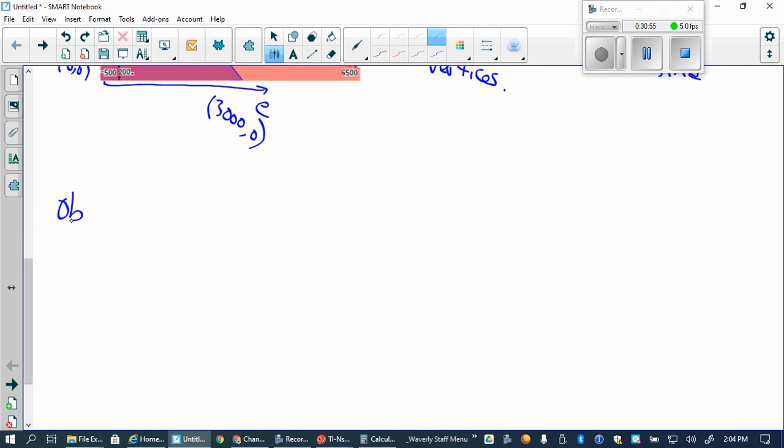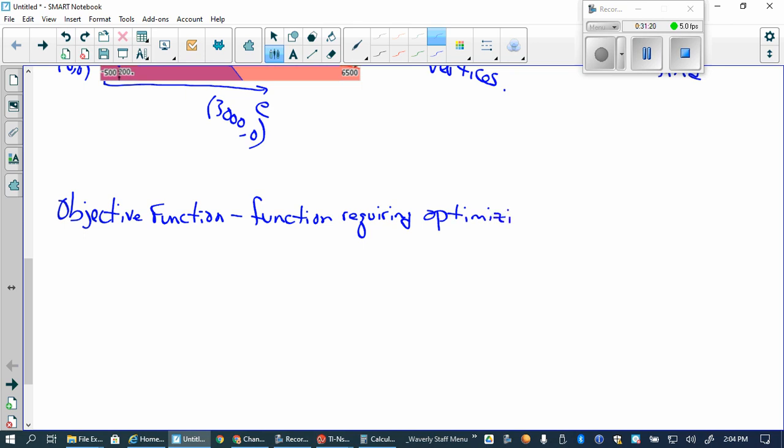So objective function. That's the function requiring optimizing, max or min, right? This is the function requiring optimizing, max or min, depending on what it is.